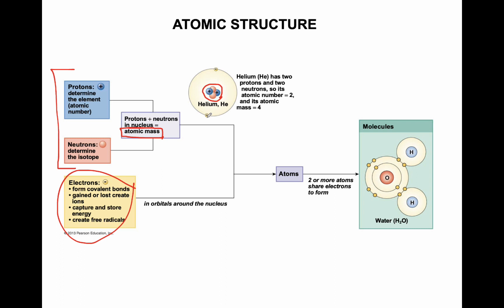So although electrons do not contribute to the mass of an atom, they really are the single most important subunit in determining how reactive an element is and how that element can bond. If you notice here, you have H2O, an oxygen with 2 hydrogens. The electrons are what hold those elements together.